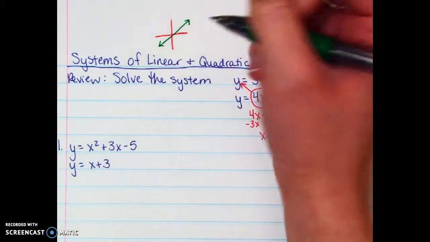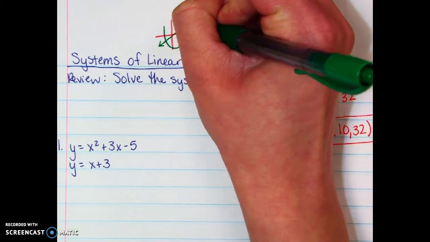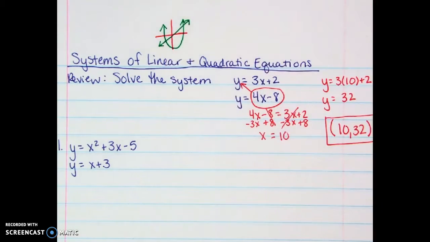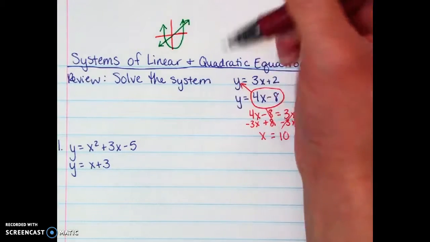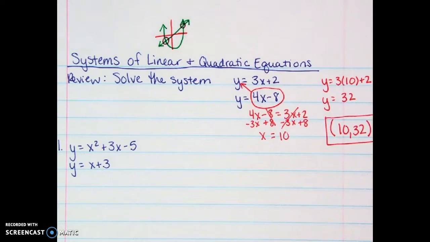So that might be something like that. And in this case, the answers would be where they intersect. So this would be one of the answers, this would be another answer. So for these, you're probably going to have 2 points as your answers. I believe all the ones I gave you to do are 2 points.